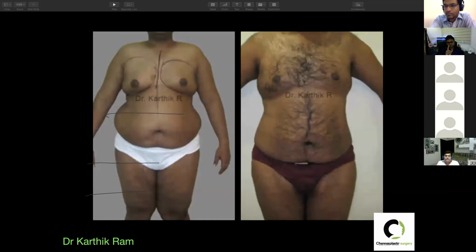Because if you make him lose weight without doing a liposuction, on their own, what happens? The loose skin will be more. He'll end up going for a tummy tuck or a breast lift or a skin excision procedure, which leaves a big scar. In the Indian scenario, with these kind of patients, if you do liposuction and then they lose weight, the skin tightening is better.